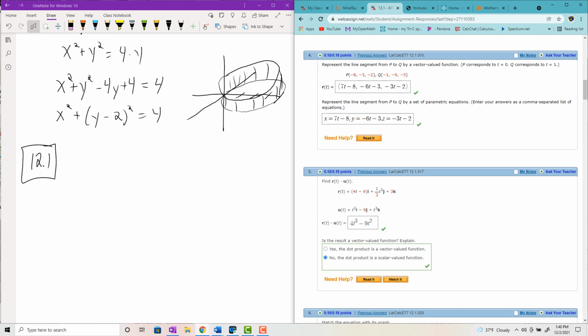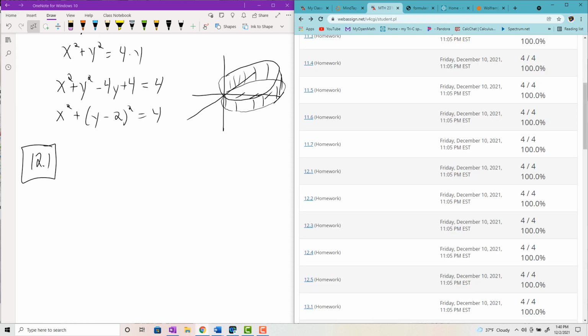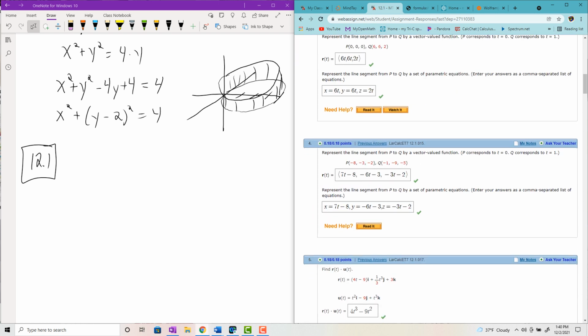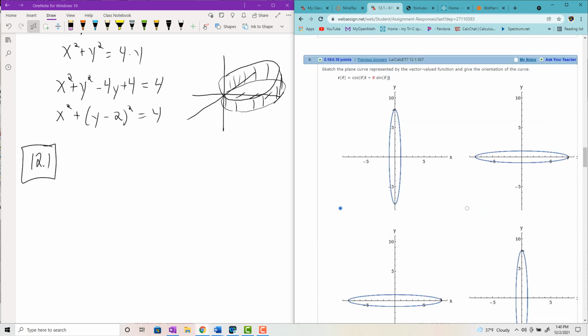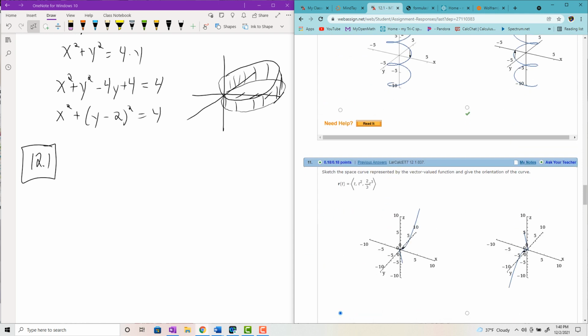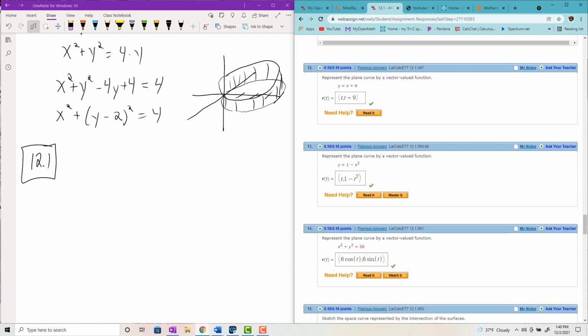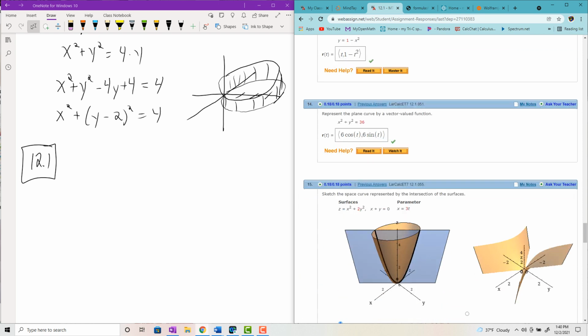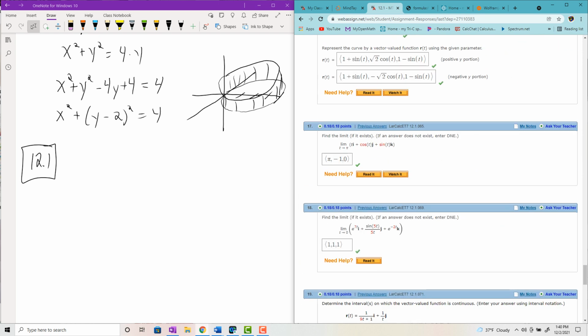They sort of work a lot with domain and just the basics of these guys, and then work towards limits, and then I think towards derivatives, right? So what do we have here? Representing curves.